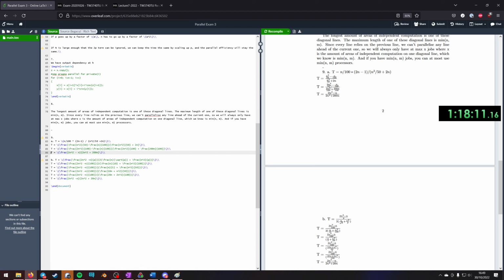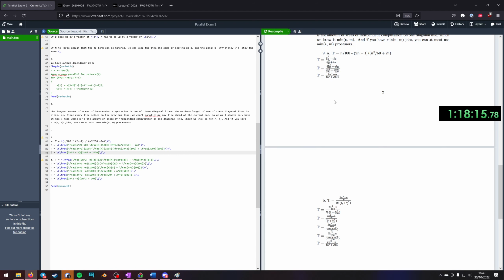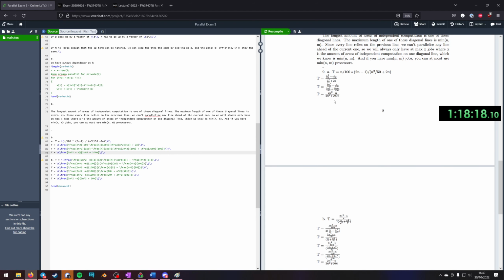The top one is the stripes, right? The top one is stripes, yes. So stripes is dividing over a larger number. Yeah. And quicker time.